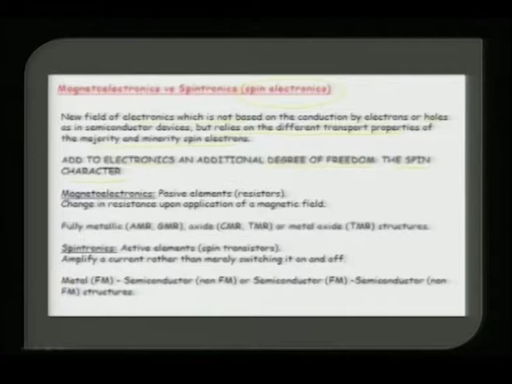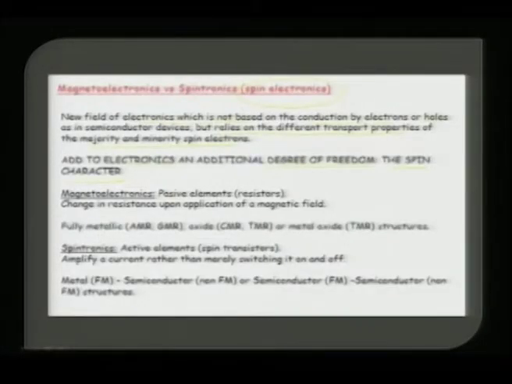So, you are actually using the spin of the electron for governing the electronic properties. In magnetoelectronics you have passive elements which are resistors. Change in resistance happens upon application of magnetic field, whereas in spintronics you have active elements which are spin transistors. These amplify a current rather than merely switching it on or off.